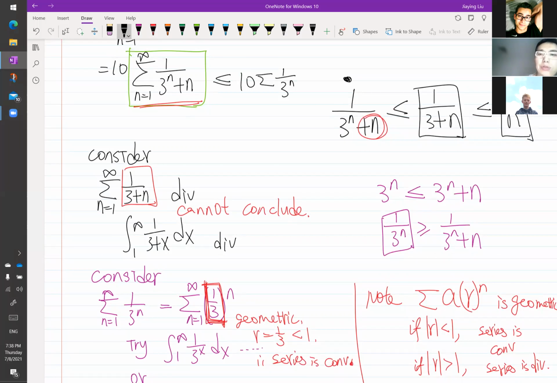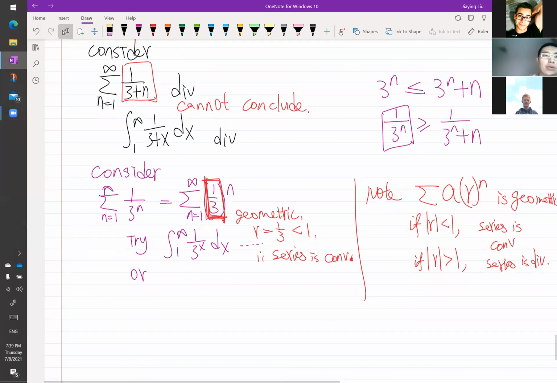This part we found out is convergent and is greater than the series we're looking for. Therefore, the smaller series is also convergent. I hope it makes sense.